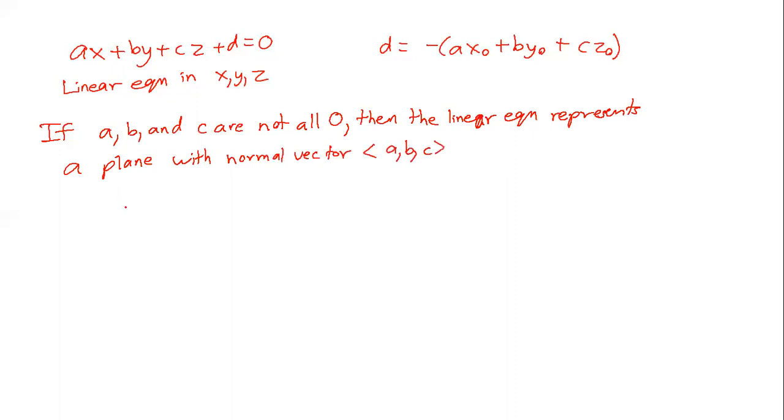Sorry, one thing I wanted to point out, you can sort of see the ABC really quickly. In this equation for this plane right here, we can really easily see the normal vector. And so that's great.